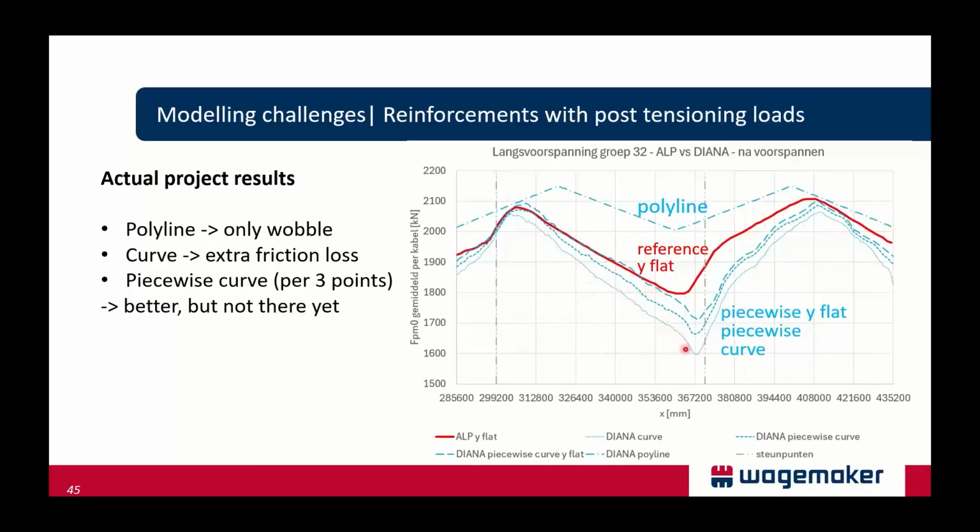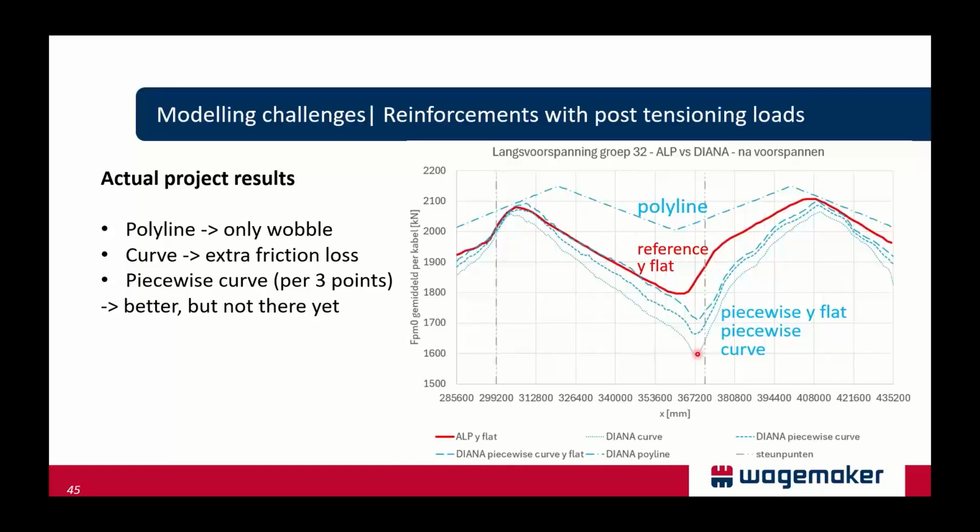Then using the curve in Diana, through all the points that we took from the archive drawings, we arrived at about 10% less pre-stress in the middle, which was unfortunately also the zone of interest for this model.